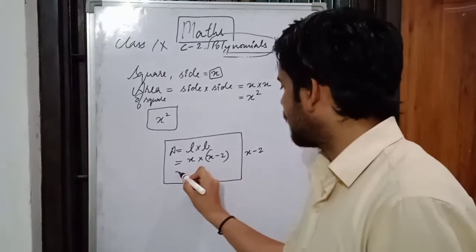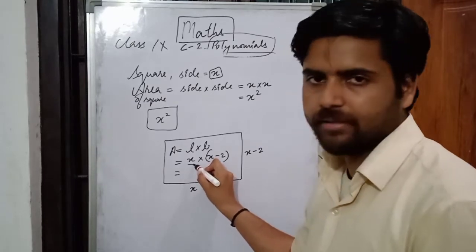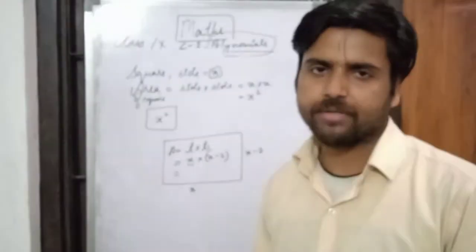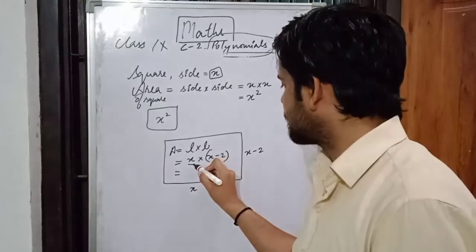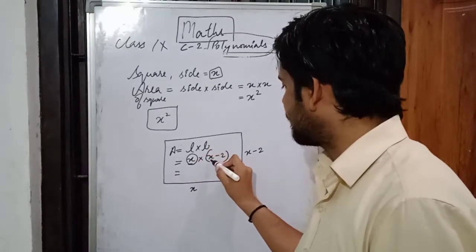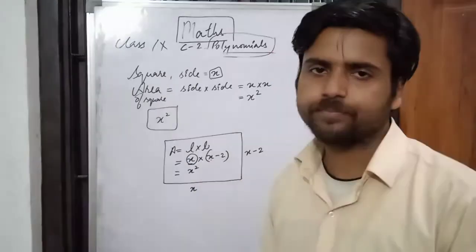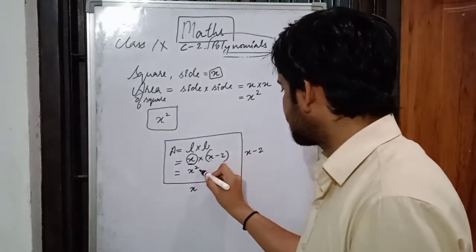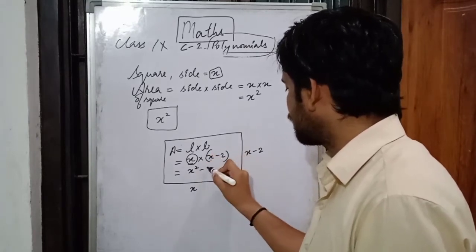Now see here, when you have to multiply, this x will be separately multiplied by all the terms which are inside the bracket. So this x will be multiplied by this x first. So x into x will become x power 2. Then you will go to this term, the minus sign is there, so it will be minus here. Then again this x will be multiplied by 2, so 2x.